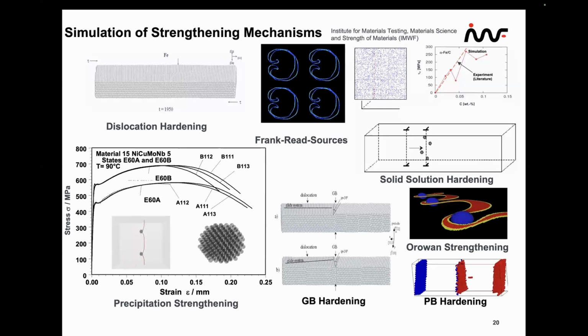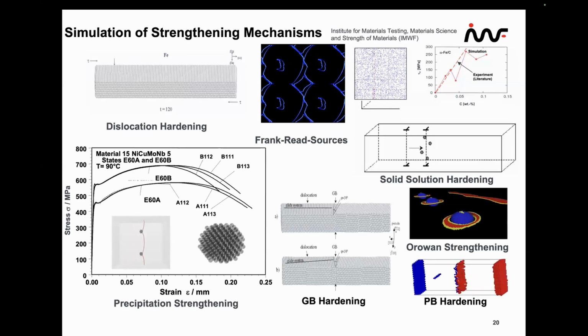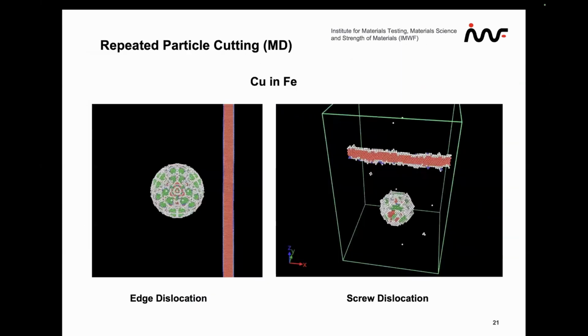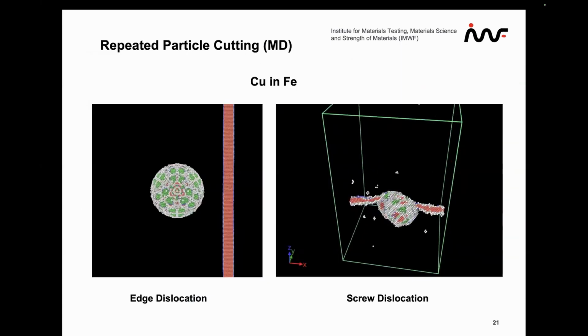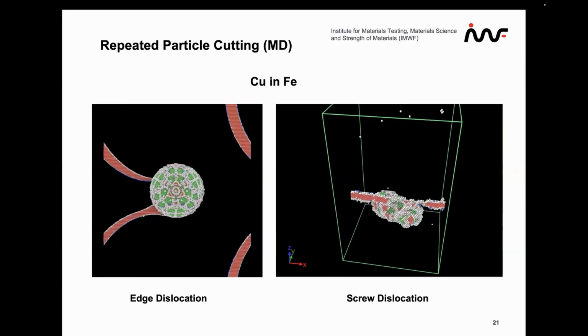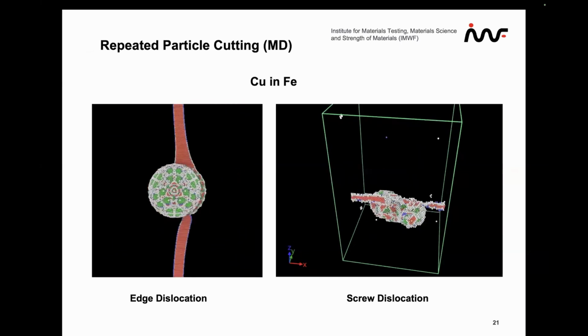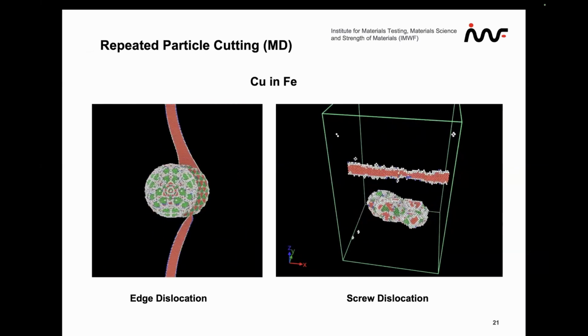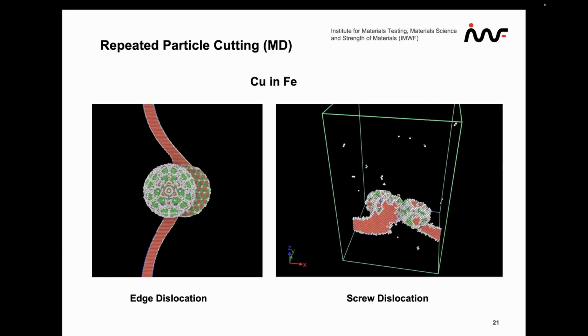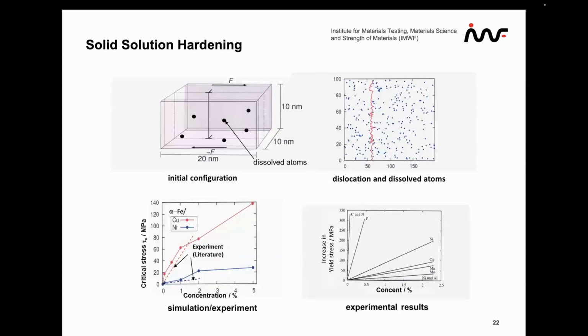And this makes it very valuable in order to predict material behavior. Even individual aspects like cutting of particles in a manifold manner with screw dislocations or edge dislocations is possible in order to better understand what we see in the experiment, for instance, under the electron microscope.